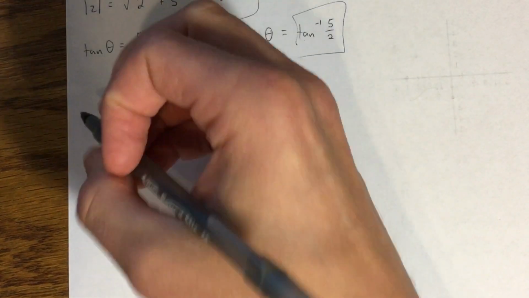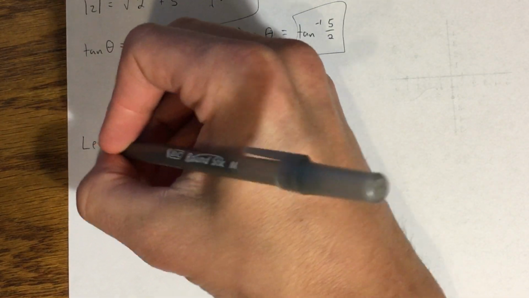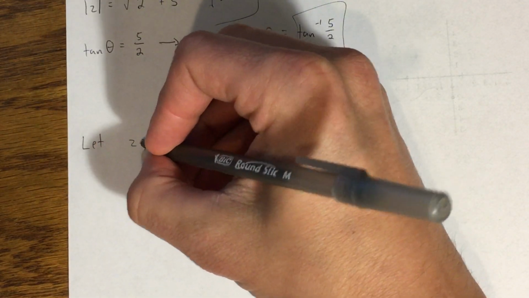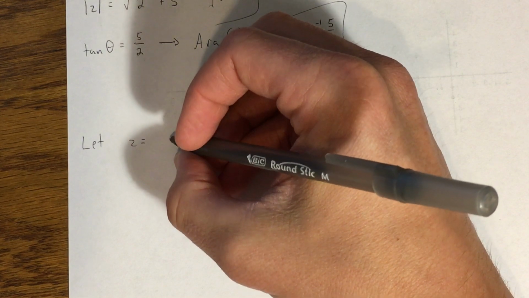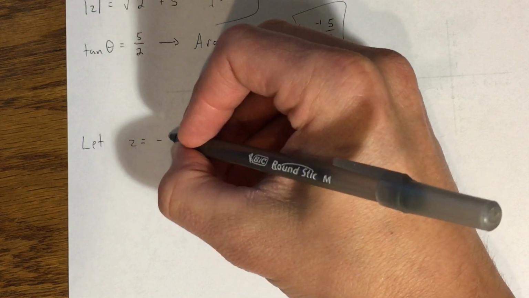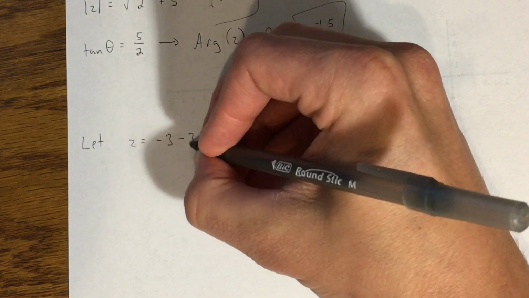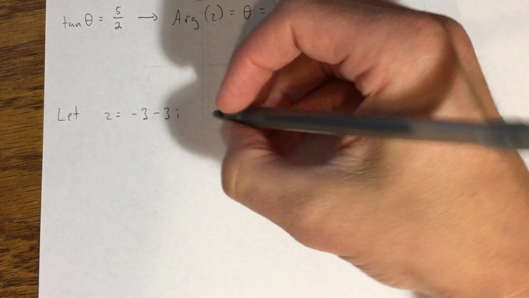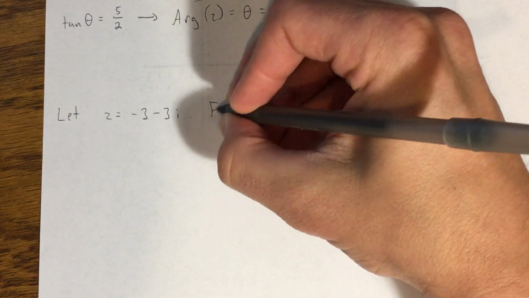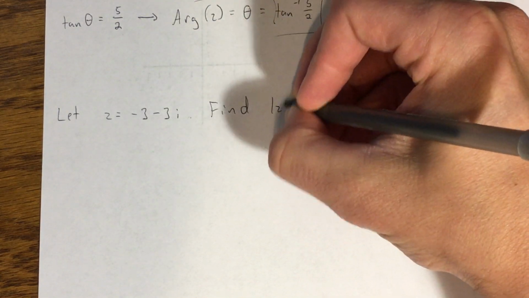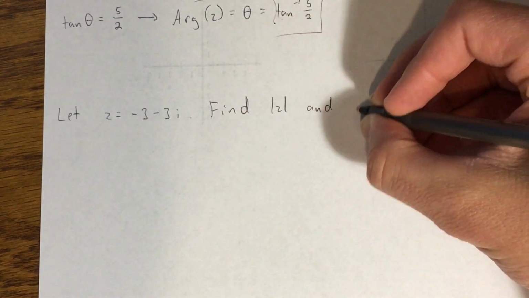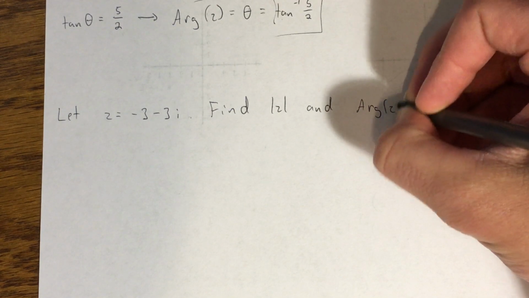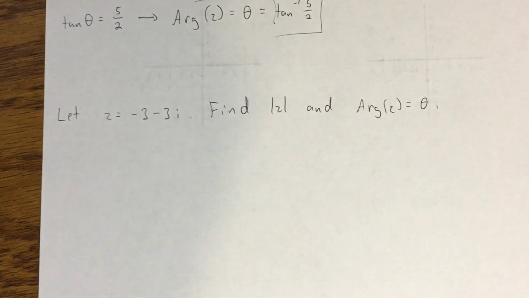Let's take a look at another example. Let z equal, I'm going to say negative 3 minus 3i. And I want to do the same thing. Find the magnitude of z and the argument of z, which we're calling theta.